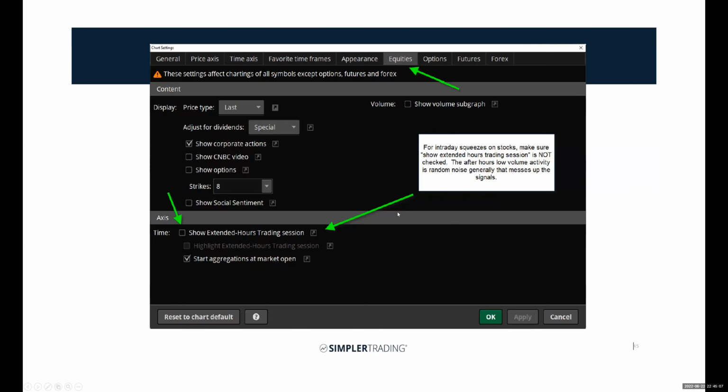And so when you're setting it up, it's very important to note that we do not use extended trading hours for equities. Okay, if you are using the squeeze for futures, for Forex, for crypto, you would obviously keep extended hours on because it trades pretty much 24/7, right? But if you're using it for equities, it's very important that you're not using the extended trading hours.